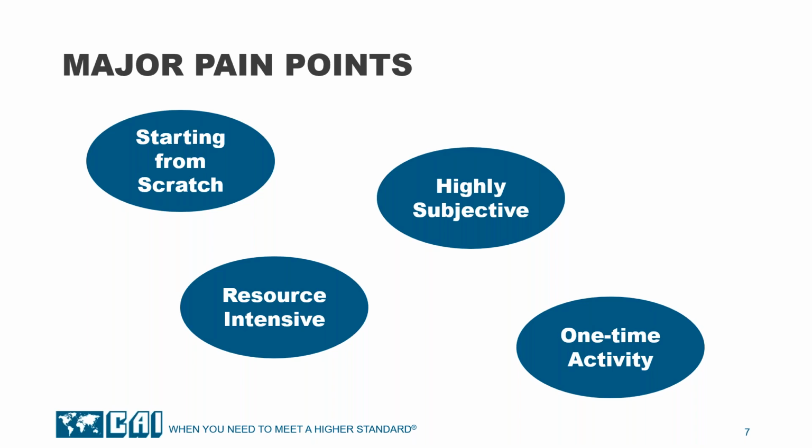You have a lot of humans sitting in a room. And as such, that exercise can be highly subjective, okay? And we see this in what depth of failure modes does the team collectively come to? What is the scoring? You can spend hours arguing over, is this a 3 or is this a 4 when it comes to severity, occurrence, or detection.